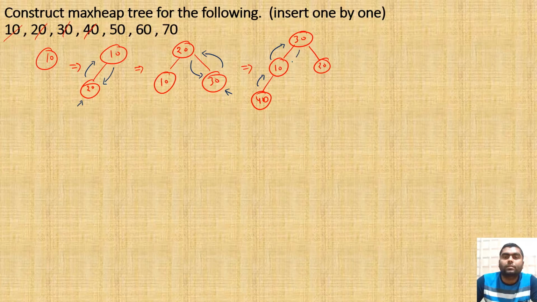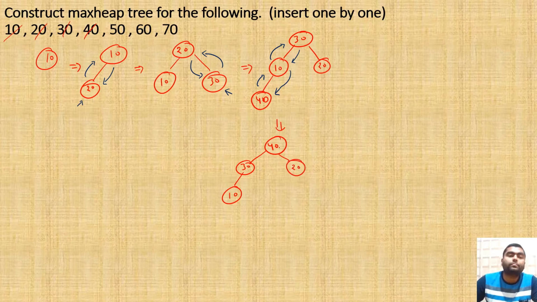So what will be the resulting tree? The resulting tree is, finally, 40 will go at the root node and the left side is what? The left side must be 30 and left of that is what? 10, and the right of 40 is what? 20.